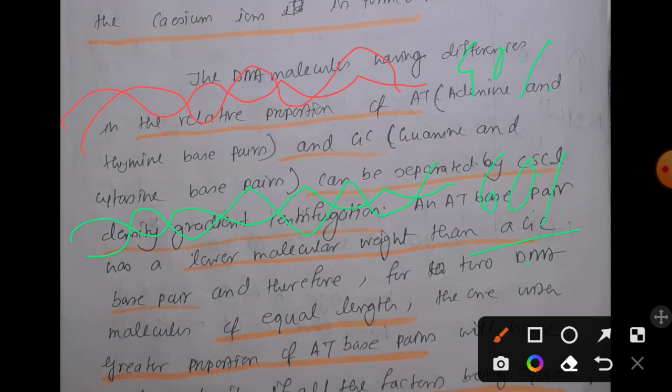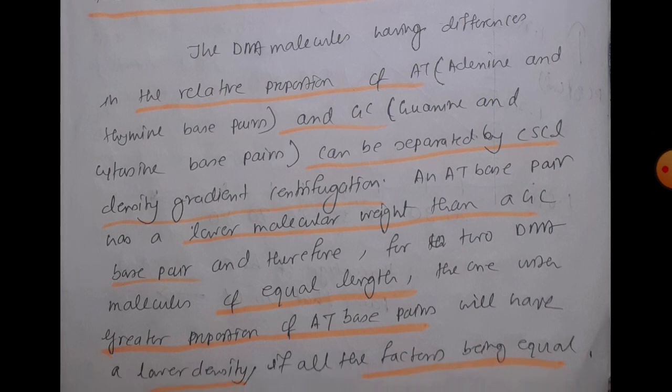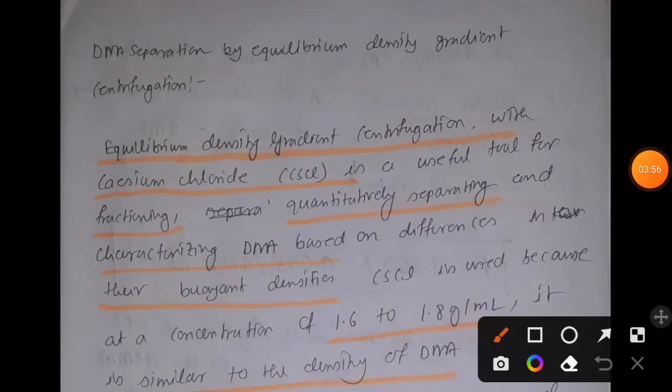So if this is DNA A and this is DNA B, then DNA B has a higher molecular weight and higher buoyant density than DNA A, right? Am I right or wrong? Right? So that is the property that we are using to separate them on the basis of their buoyant density in the isopycnic centrifugation. That is what we are calling equilibrium density gradient centrifugation, okay.